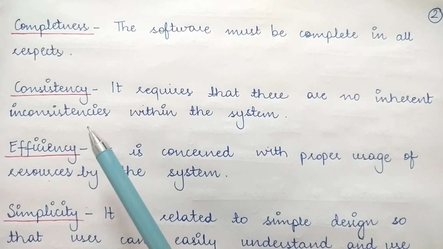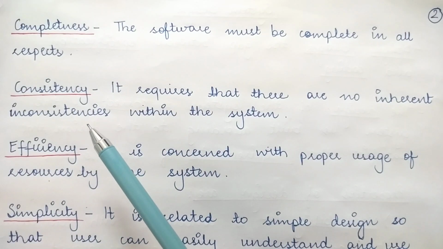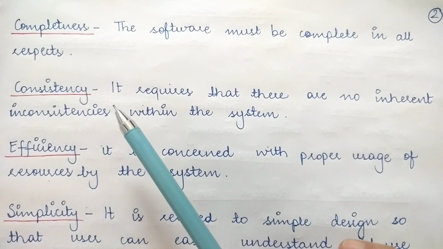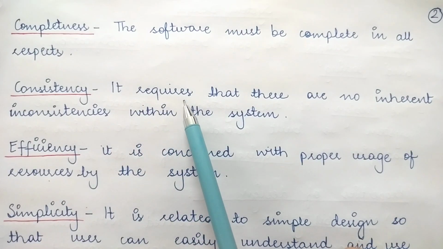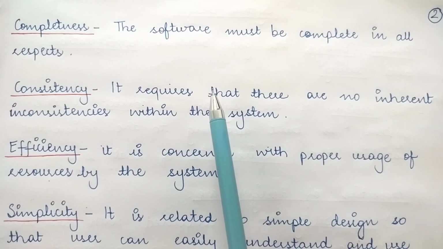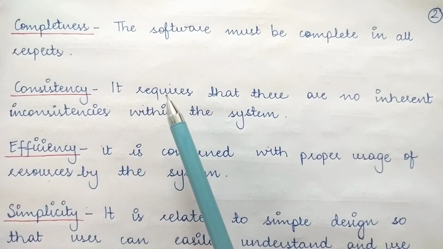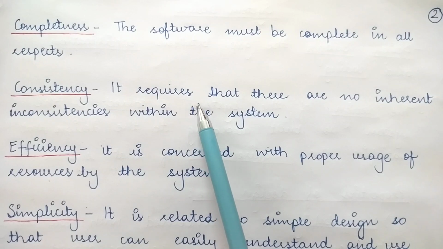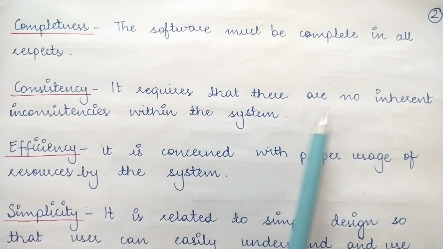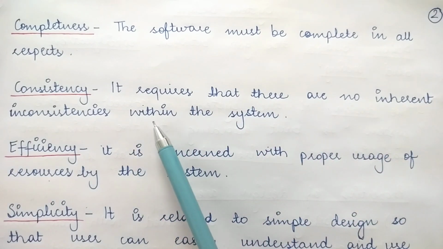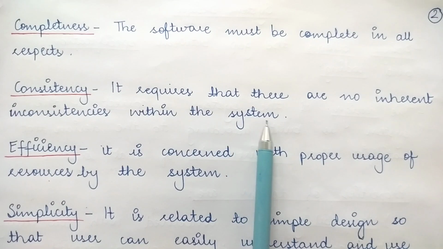Then the fourth desirable property of a system design is consistency. Consistency is required in almost everything, and it is the key to success. So even when we talk of system design, the system design must be consistent. That means there are no inherent inconsistencies within the system.